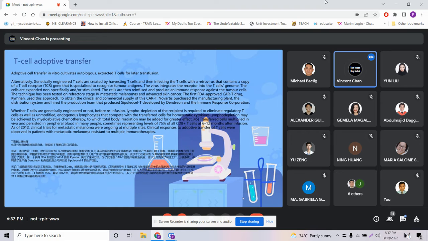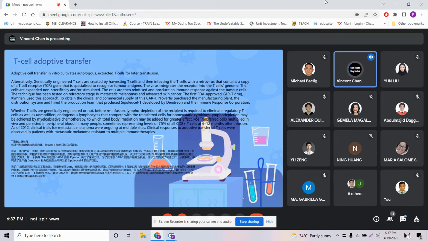The virus integrates the receptor into the T-cell's genome. The cells are expanded non-specifically or stimulated. The cells are then reinfused and produce an immune response against the tumor cells.